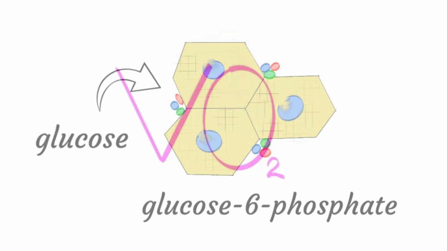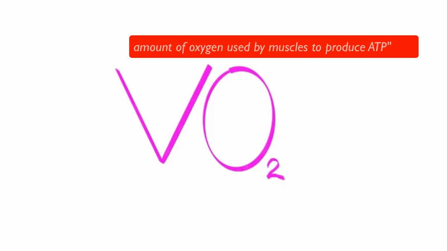Okay, let's talk about VO2. VO2 is the amount of oxygen used by muscles to produce ATP. It is known as oxygen consumption, and it is measured in liters of oxygen per minute.